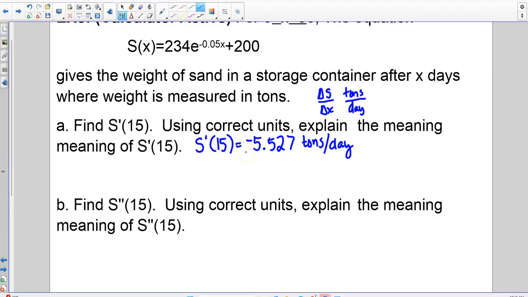Now, notice I've got a negative derivative here, right? The value is negative 5.527. What does that tell me about what the function is doing? If my derivative is negative, the function is decreasing there.